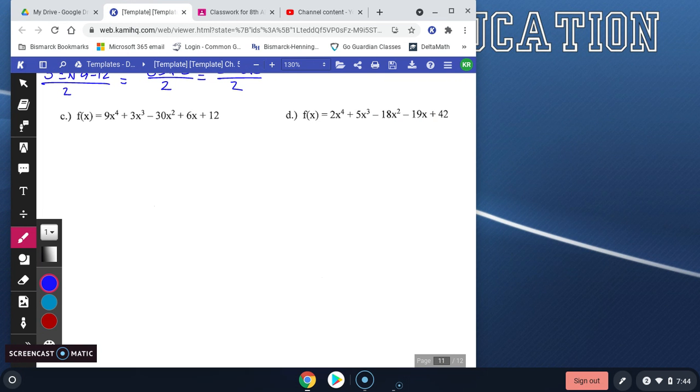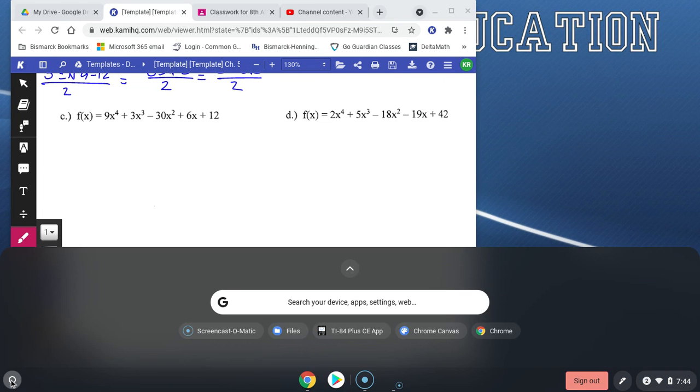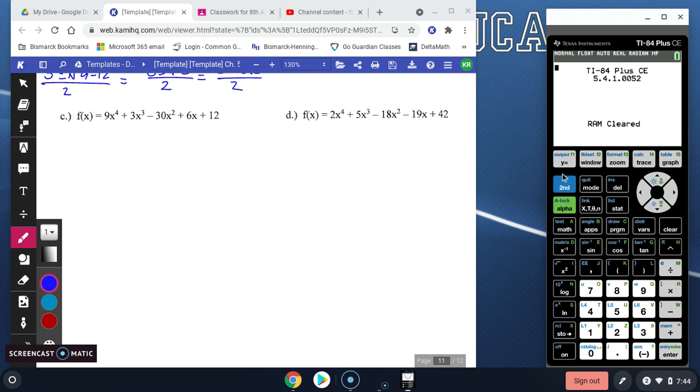Remember that finding zeros is like finding x-intercepts, finding solutions, all of those kinds of things. So if you open up your calculator, we could put these equations into it, and that's going to help you narrow down and find where those solutions are.